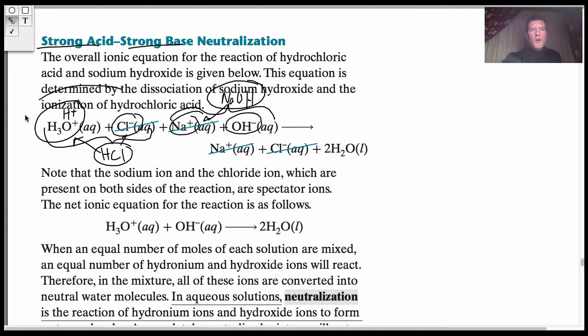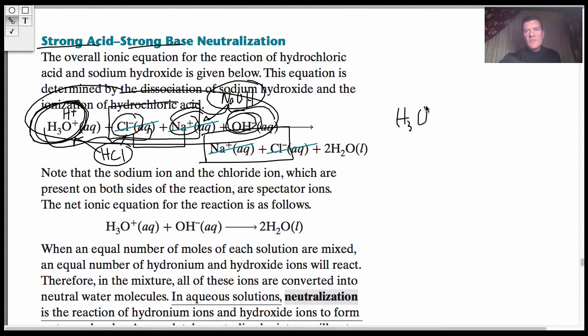When we put them all together, all four of those ions come together, what does it produce? Well, the sodium and the chloride get together to make our sodium chloride. And the H plus and the water get together to make the hydronium, H3O plus, and a hydroxide are going to make two waters.